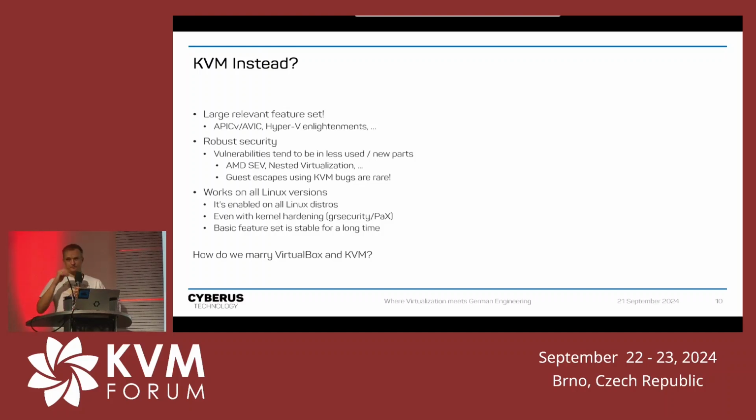And of course, KVM just ships in all the Linux distros. It's just there. And this means that if you are someone who likes to use hardening patches like grsecurity, you will have no problem if you use KVM and you are in a world of hurt if you want to use the VirtualBox hypervisor. And now the question is, how do we marry the two worlds, VirtualBox and KVM?